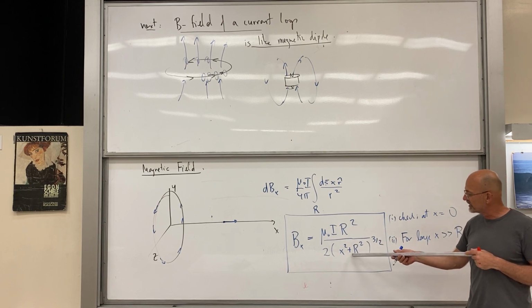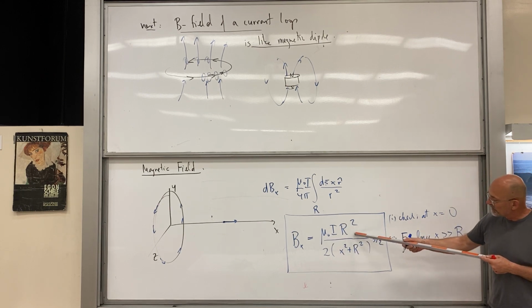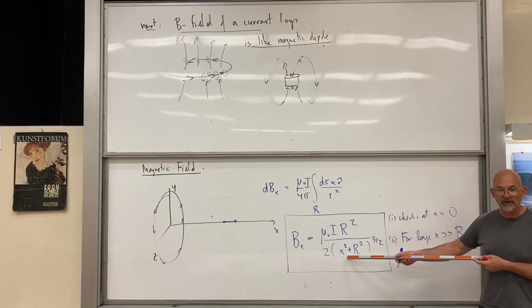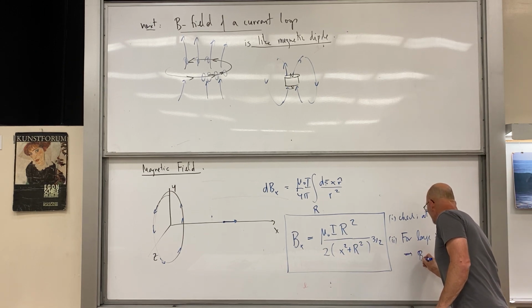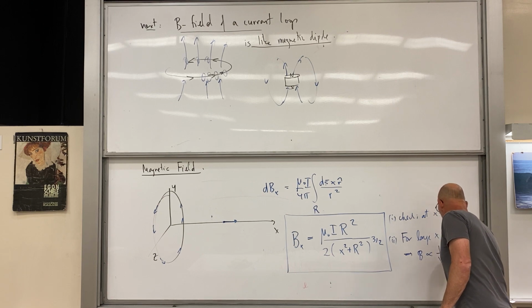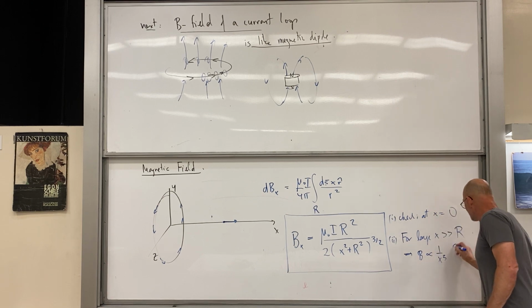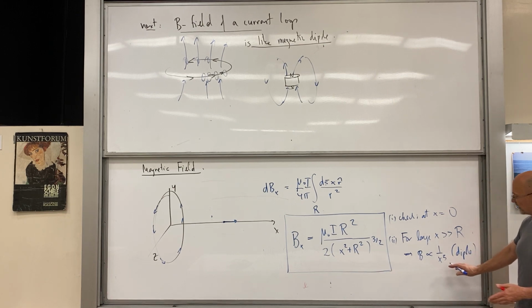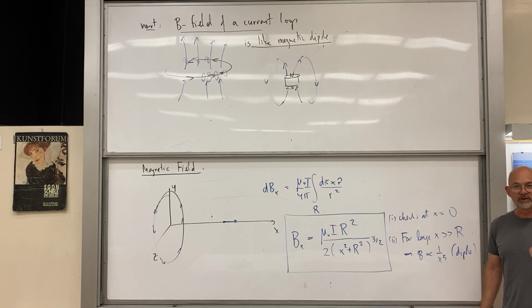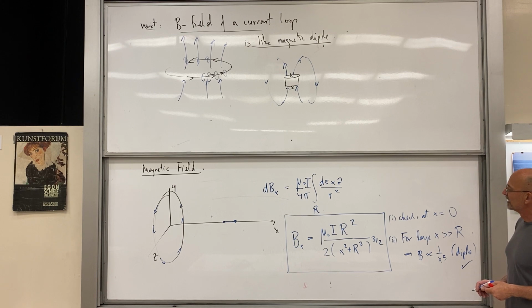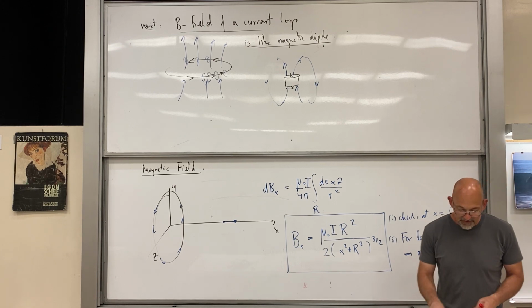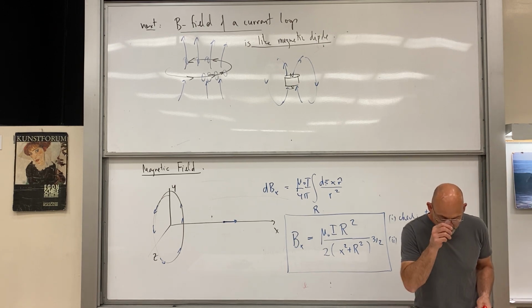So we also have the magnetic dipole strength going as 1 over x to the 3rd at large distances. Then B is proportional to 1 over x to the 3rd, just like the dipole strength goes as 1 over x to the 3rd for electricity and magnetism. So good, we have that. And now I want to set up the Helmholtz coils.